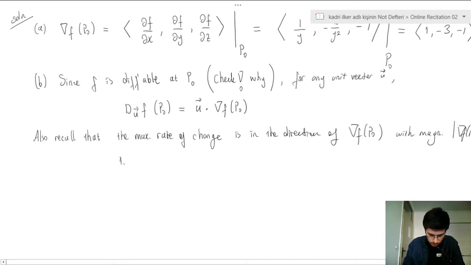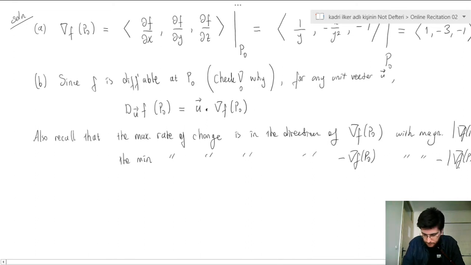And the minimum, this can be easily seen, just check the lecture notes if you like, by looking at the definition of a dot product in terms of the norms and cosine theta. So the minimum rate of change is in the direction of minus the gradient, and with the magnitude minus this thing.